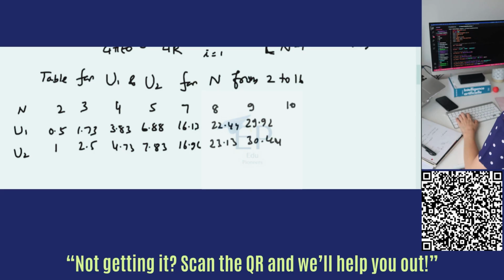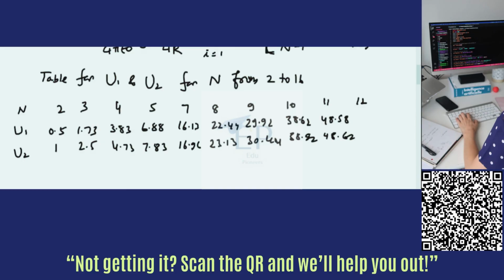For 10, 38.62, 38.92. For 11, 48.58, 48.62.